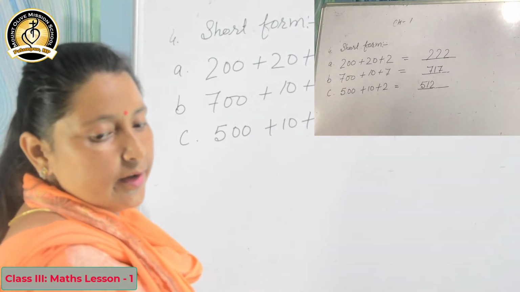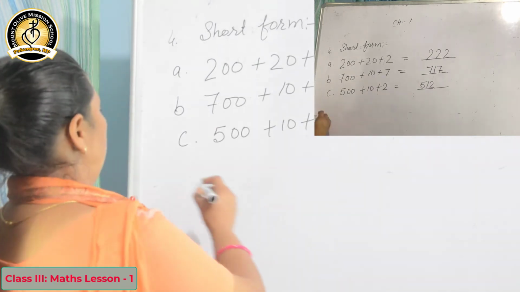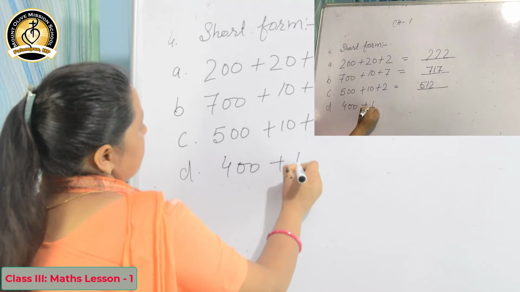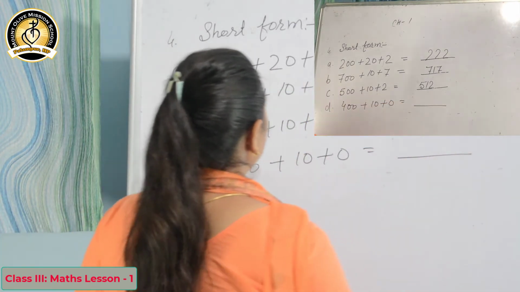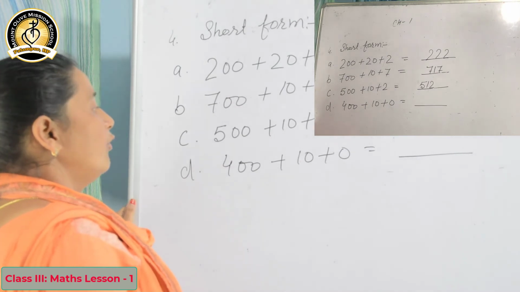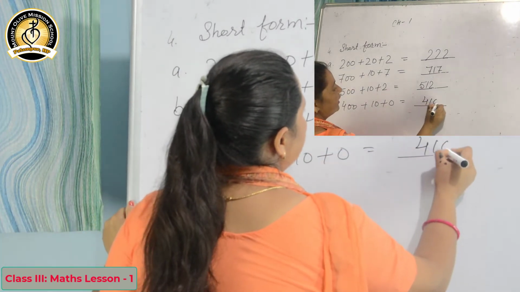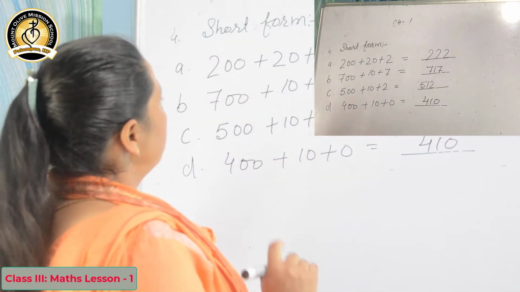Okay. Part D, 400 plus 10 plus 0. So, how should we write it in short form? 410. Okay? So, this is the question number 4, short form.